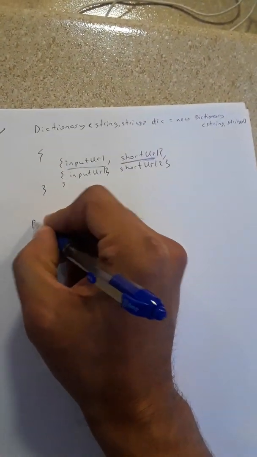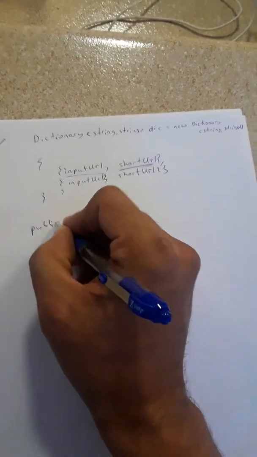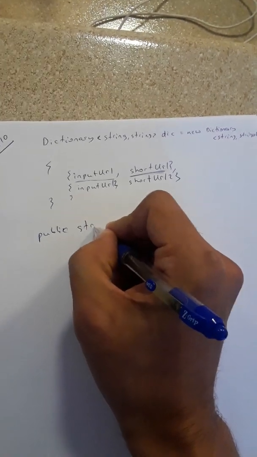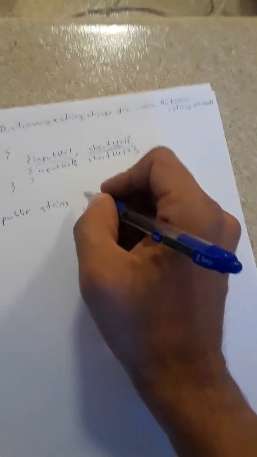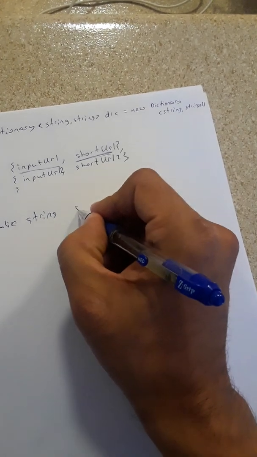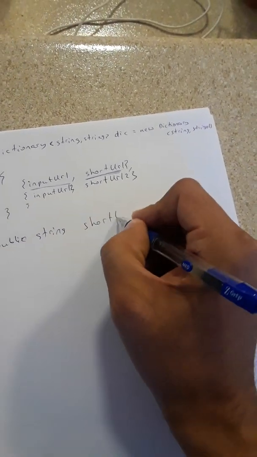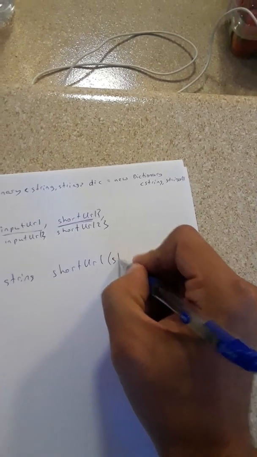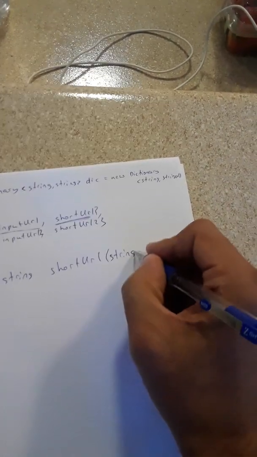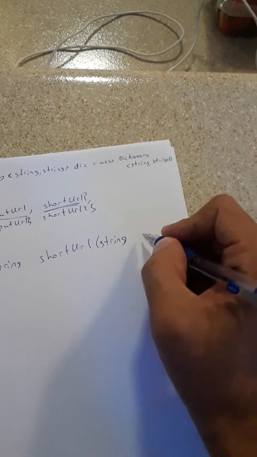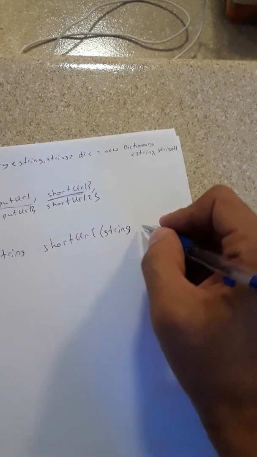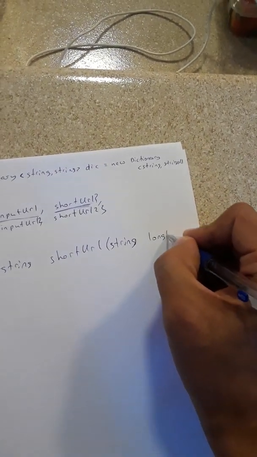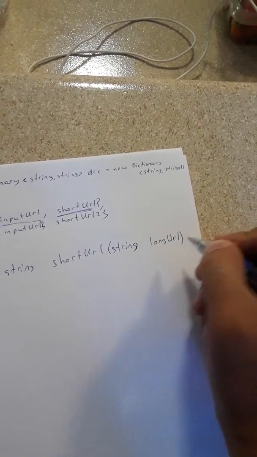So here's the function which will always return a string of a short URL. I will call it short URL method. The passed argument will also be a string, so the passed argument will always be the long URL.